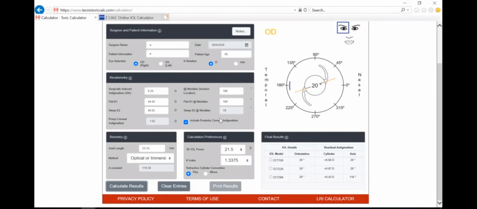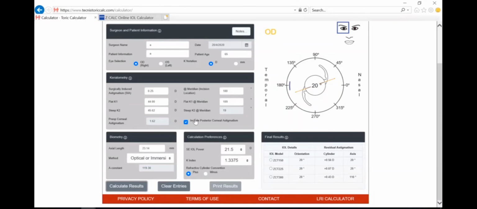Now when you add posterior corneal astigmatism against the rule to what was already against the rule, the total amount of astigmatism required for correction is much higher. So that is why you see here, previously without PCA, we were overcorrecting the astigmatism. But when you include PCA, we are now not overcorrecting it. We are slightly undercorrecting it with the same ZCT225 lens, right?